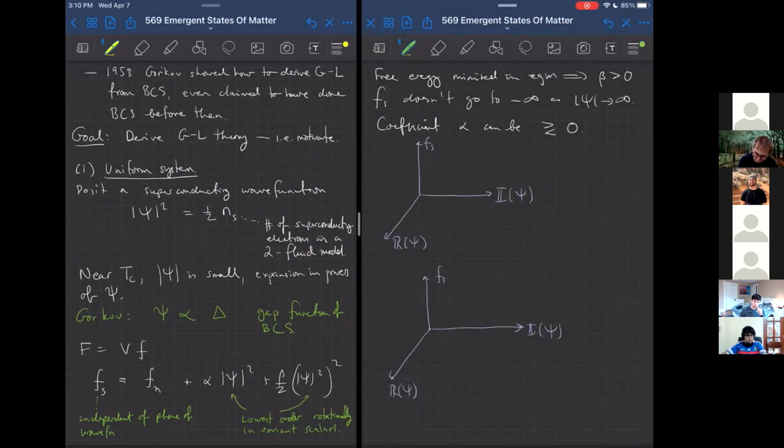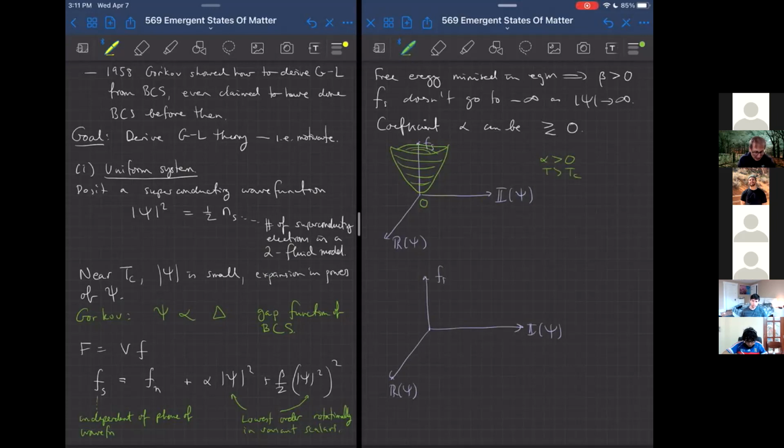Then the functional form for the free energy is just x squared plus x to the fourth. So it's going to basically look something like this. So this is the origin over here. This is the case when alpha is greater than 0, and its minimum is at psi equal to 0. So this corresponds to T greater than Tc.